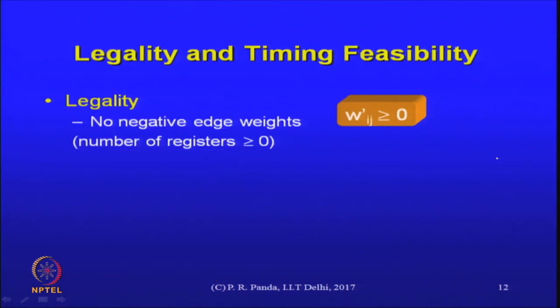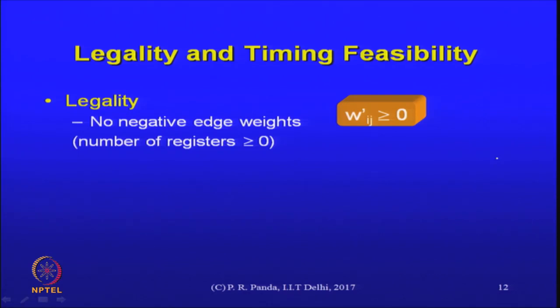Okay. Once you have those definitions, as you do retiming, you go from an original set of edge weights to a new set of edge weights. Also from an original set of path weights to a new set of paths. So, you get a new set of capital Wijs, and correspondingly another set of Dijs.